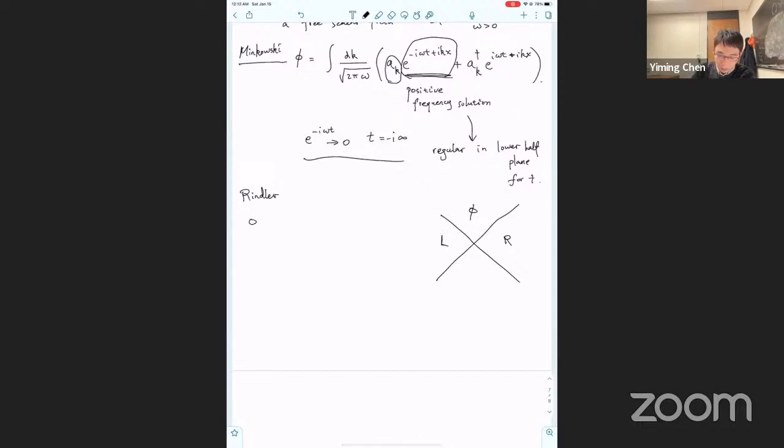And the mode expansion will now include two sets of modes. One set of modes is in the left wedge and the other set is in the right wedge, okay? So let me just write down schematically what the mode expansion will look like. You will have two sets of creation and annihilation operators.